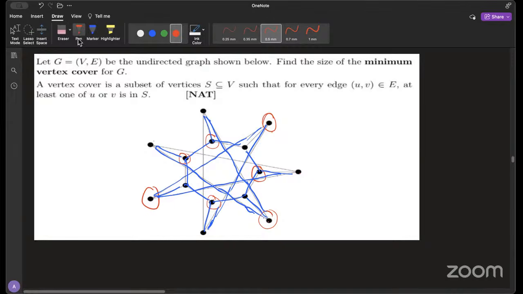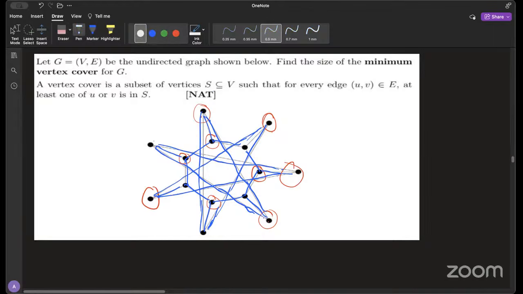So we'll have to take 2 now. Let's take this one and this one. So you will have this covered, and this covered too. So how many are these?